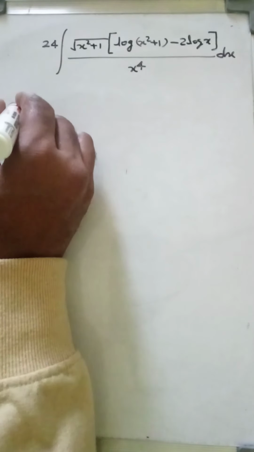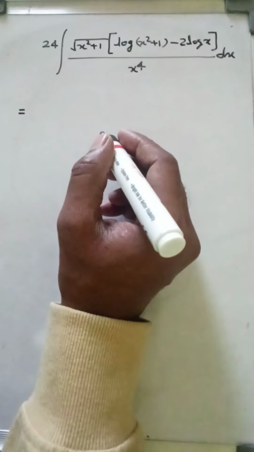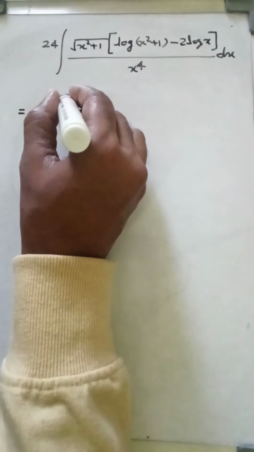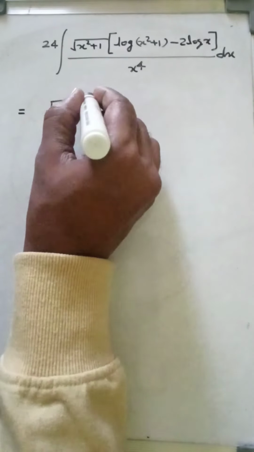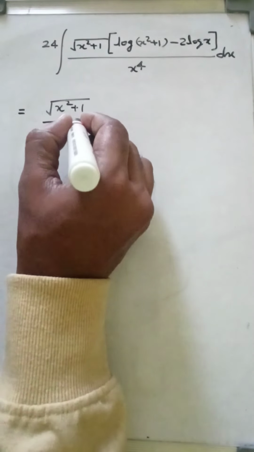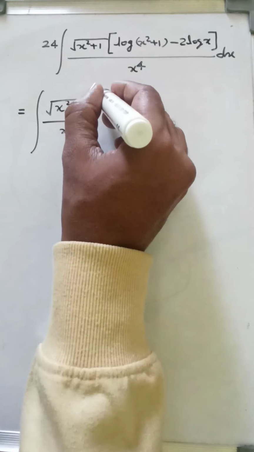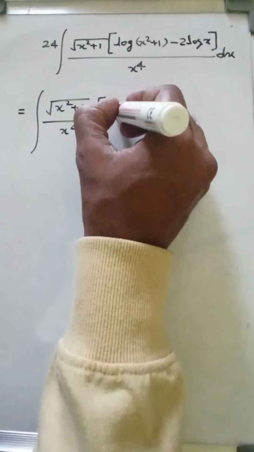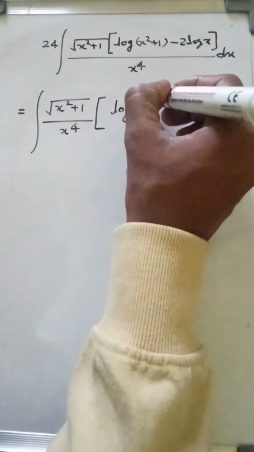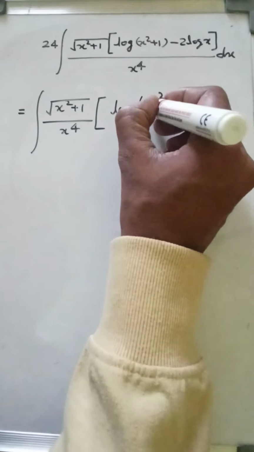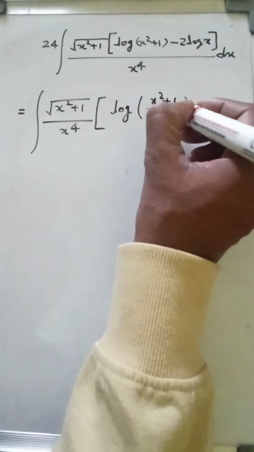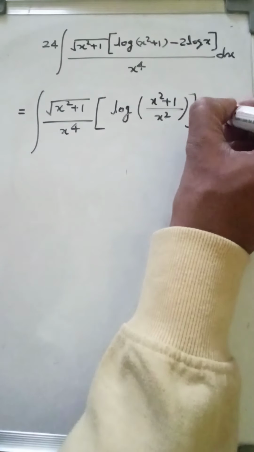This can be written as square root of x square plus 1 by x to the power 4, in bracket log of x square plus 1 upon x square into dx.